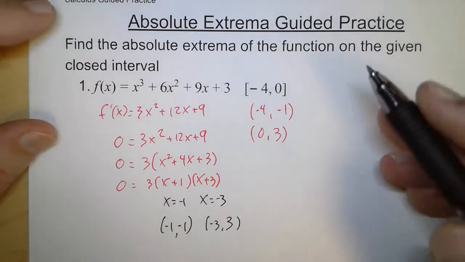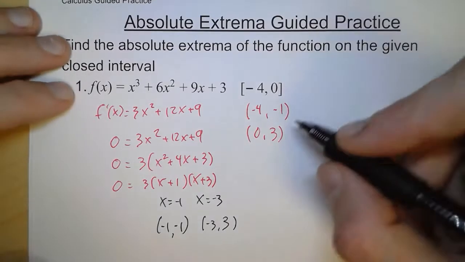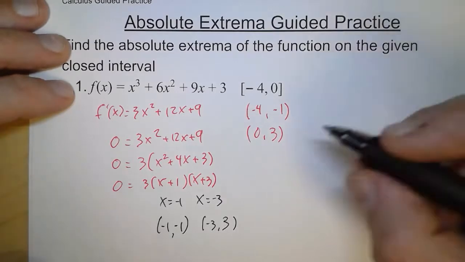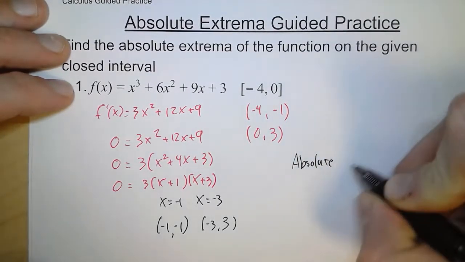For the absolute extrema, different books will ask this in different ways. Sometimes it'll ask what is the highest value or the lowest value. Sometimes it'll ask what is the x-coordinate of the absolute extrema. So I'm just going to ask where are the coordinates for the absolute minimum and the absolute maximum.